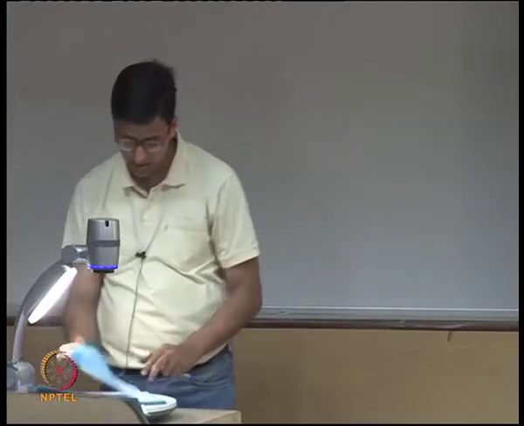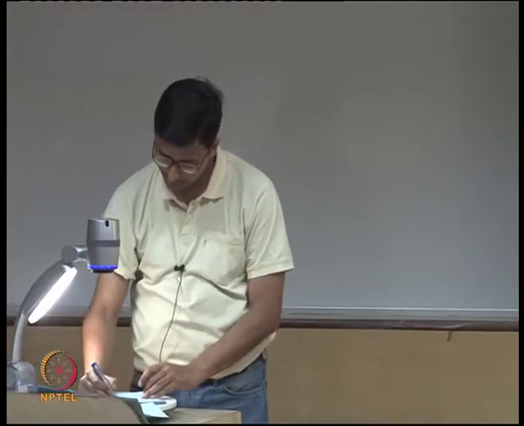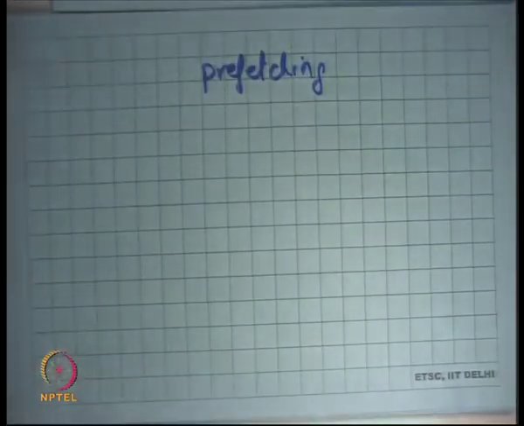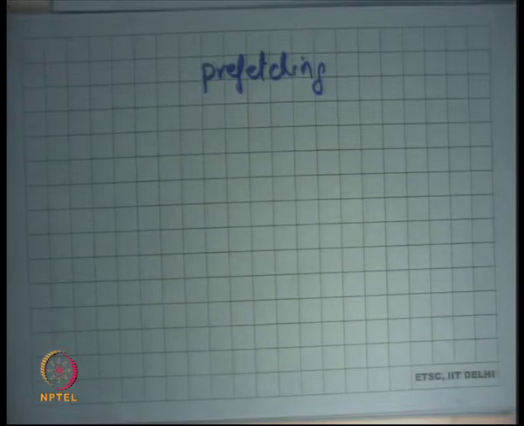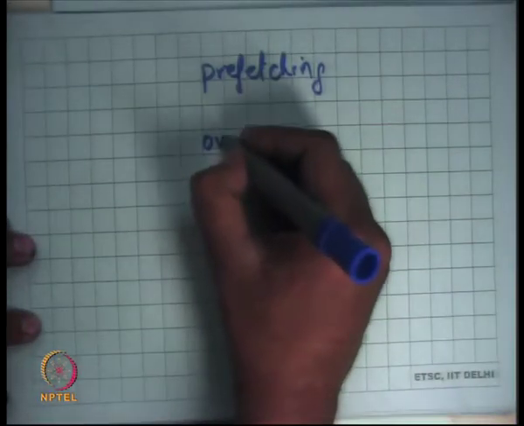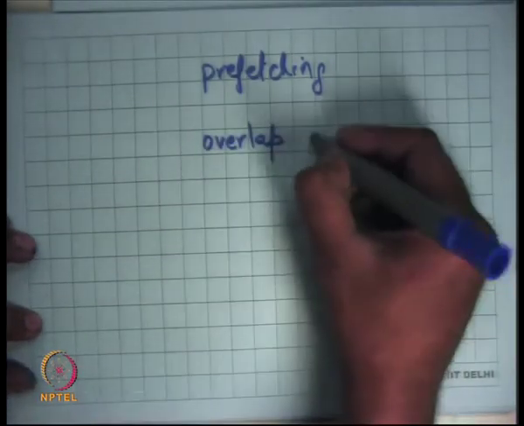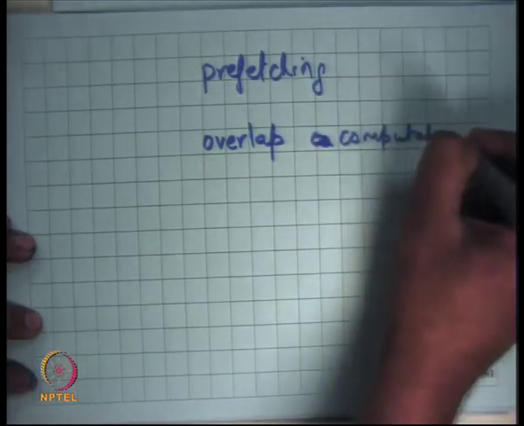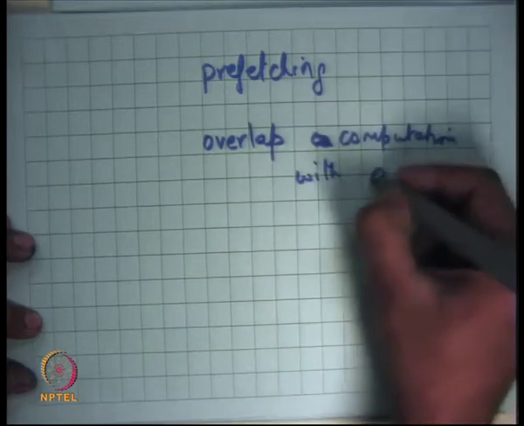Okay. The other thing you can do is prefetching, of course. So you read some data, you have some algorithm which basically figures out that there's a lot of spatial locality, so you prefetch data. Of course, there's a trade-off about how much to prefetch and how much you cannot prefetch, and overlap computation with disk access.